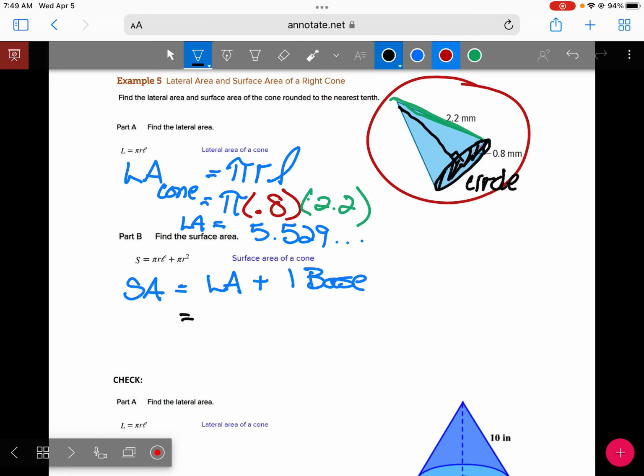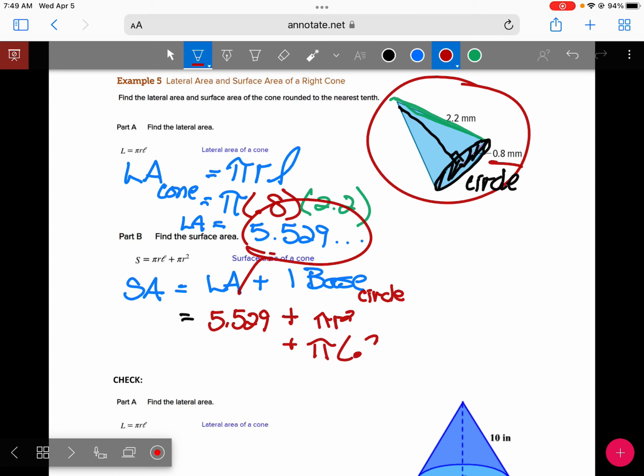So this equals the lateral area, 5.529, plus my base of a circle, which is pi r squared, which is pi times my radius, oh, I kind of butchered that, 0.8 squared. So 5.529, okay. So we know from order of operations, do the exponent first. 0.8, square it, then multiply times pi.